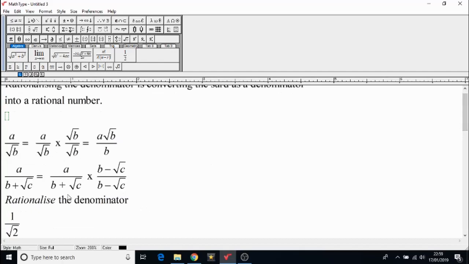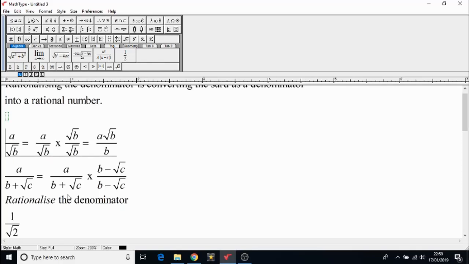Here's the second rule: a over b plus the square root of c. This is when the denominator has another term other than just a surd. It might be 1 plus the square root of 2. With that rule, you have to multiply by the conjugate of the denominator. Conjugate means changing the sign between the two terms, so it's the opposite.